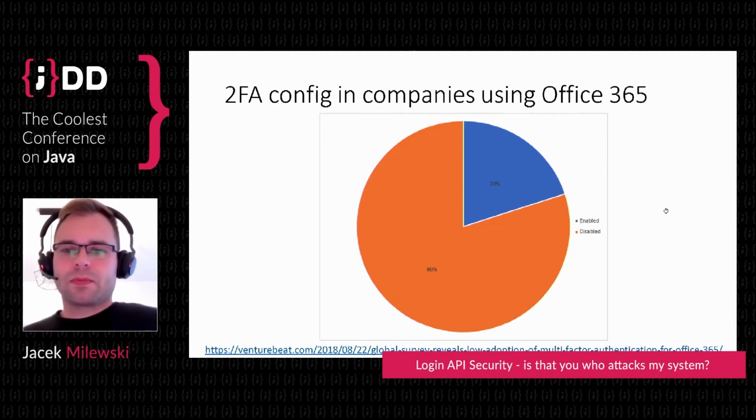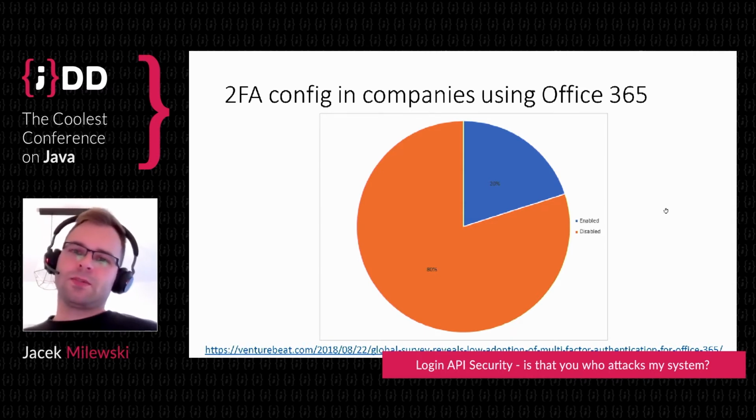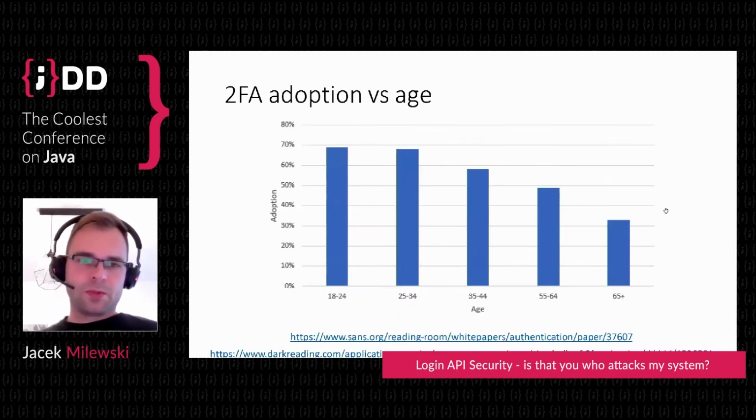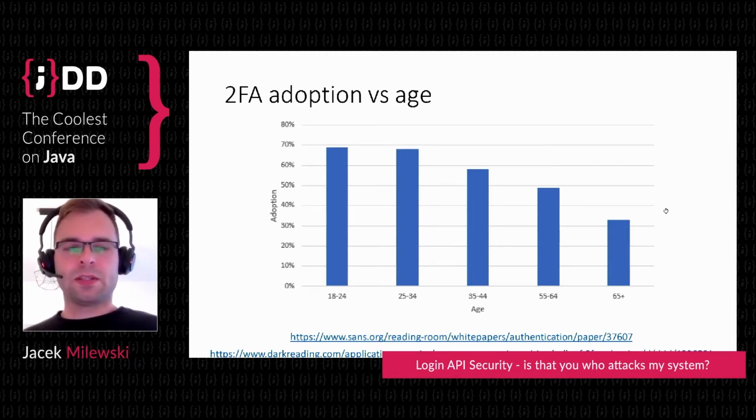Those PowerPoints for CEOs, those Excel files with salaries or grants or anything, are protected with reused passwords. So the awareness is still low amongst the companies. However, amongst the users, I think that adoption is pretty high. Those are the numbers. For me, it means that adoption is high.